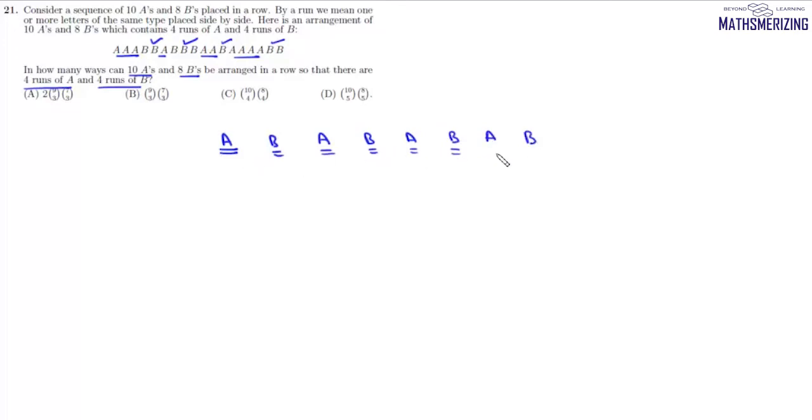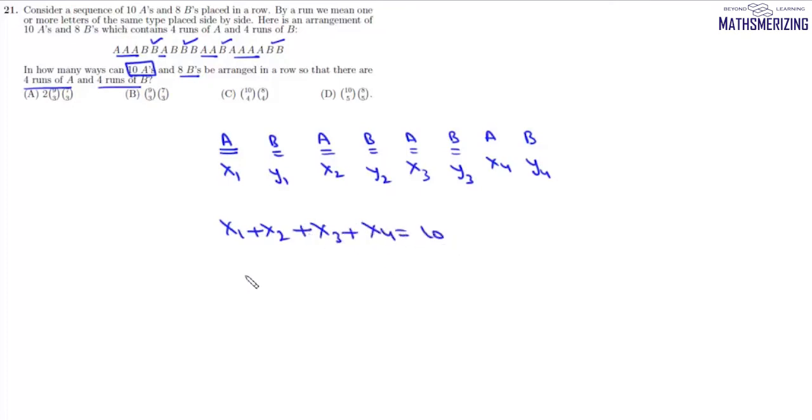In this way, we'll have 4 runs of A and 4 runs of B. Now suppose in the first run the number of A's is x1, in the second run it is x2, third run x3, and fourth run x4, and for B the number in the runs is y1, y2, y3 and y4. Now we have to arrange 10 A's. That means x1 plus x2 plus x3 plus x4 will be 10, and y1 plus y2 plus y3 plus y4 is equal to 8.